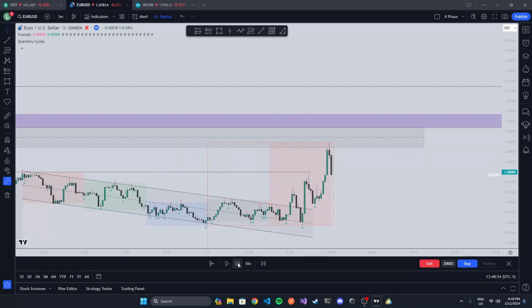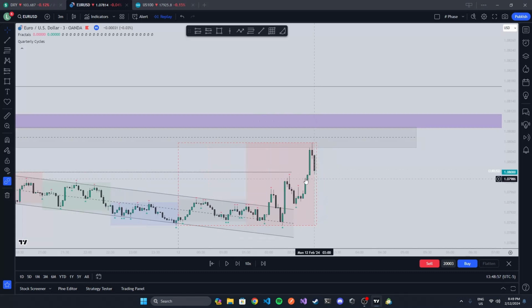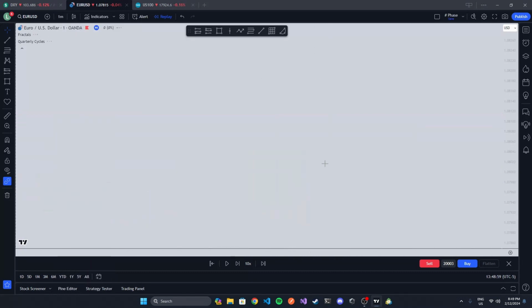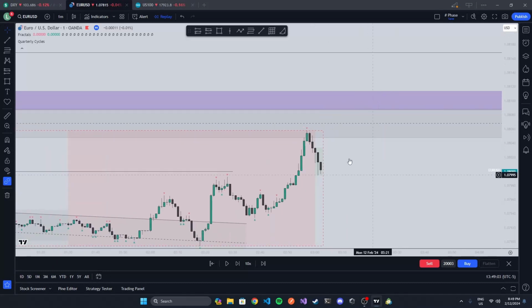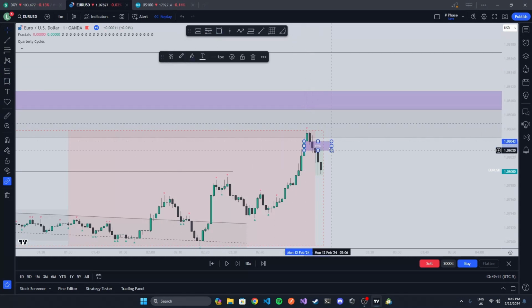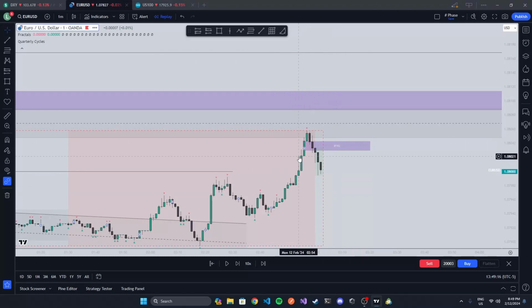And if I just speed time ahead now, you notice that on the 1 minute, we have this inversion fair value gap. And if you take this inversion fair value gap after price entered this point of interest, that would give you a clear indication that price broke through that, disrespected it multiple times, and this would be a good place to enter.